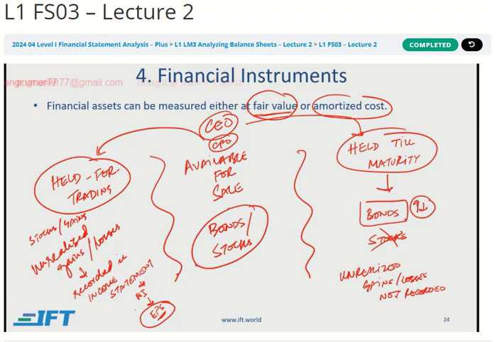Now in the middle, you have available for sale, and here unrealized gains and losses are recorded. Gains, losses are recorded, but they don't pass through your income statement. They are recorded in the statement of comprehensive income, right? Which means they are recorded.